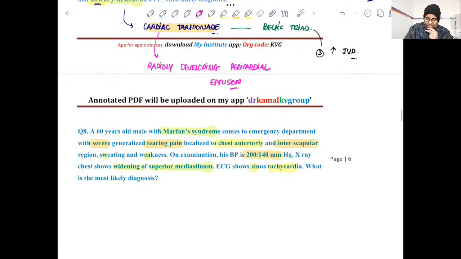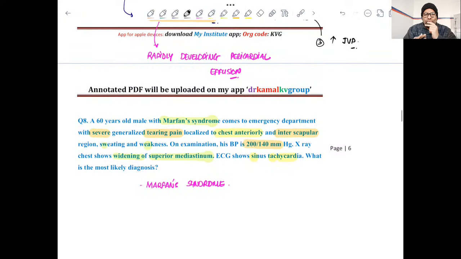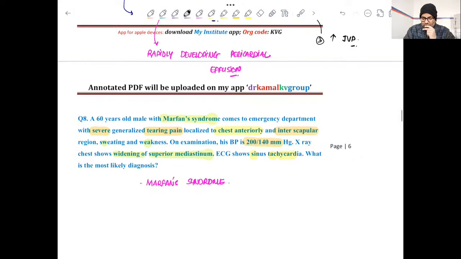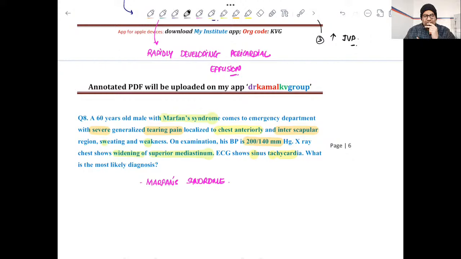Now here, one important condition is Marfan's syndrome. Clear? Then the clinical presentation is very specific for the answer here, whatever the answer we'll take later. So the pain will start in the chest anteriorly, and the patient will say that it is piercing my chest and radiating to the back between the two scapula.